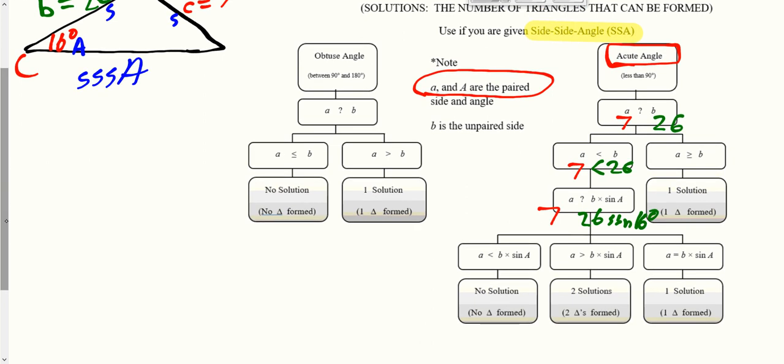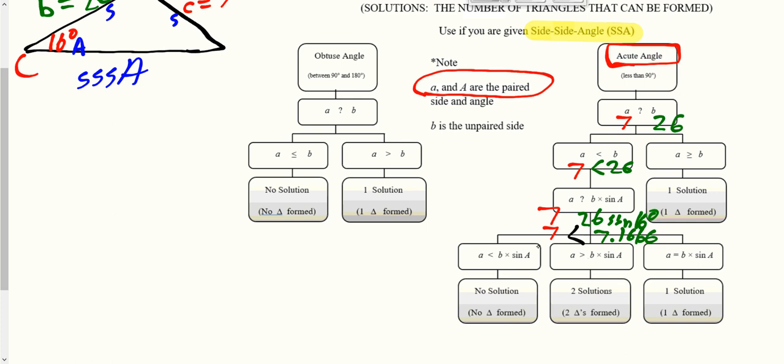So if we go ahead and work this out in green, 26 sine of 16 degrees, we get 7.1666. And once again, over here was a 7. Now we know the red 7 is less than that.